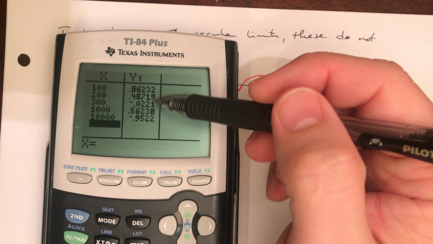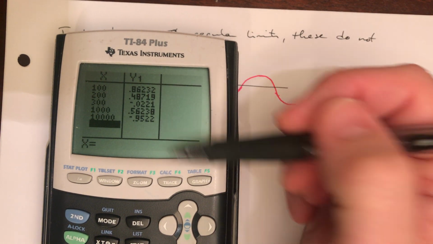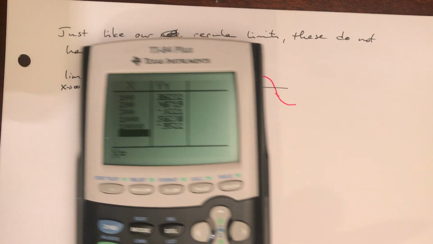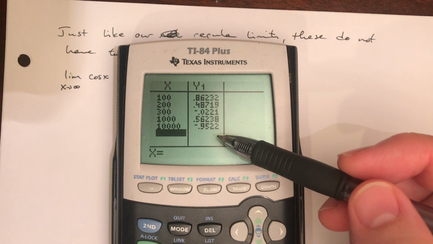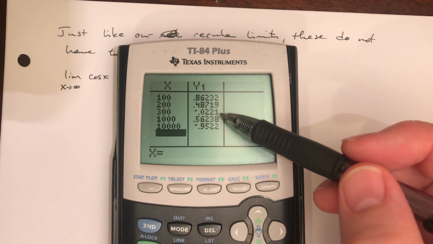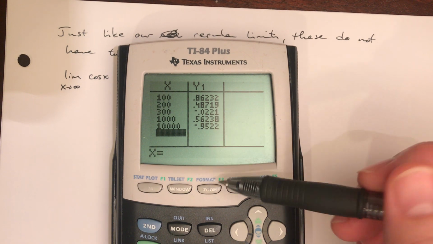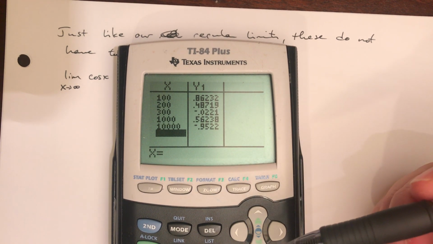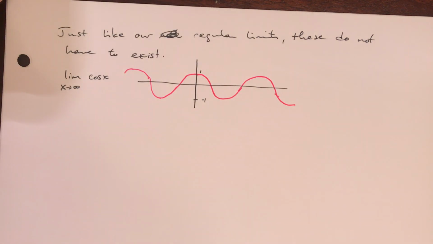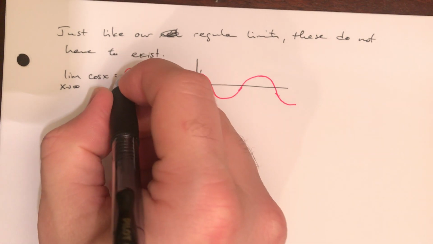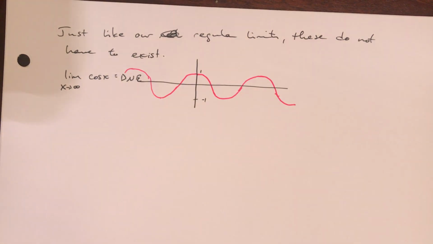And we notice that none of these are particularly close to any specific value. Now they are all between -1 and 1, but none of them are getting close to a single value, the way that we saw in the table with our previous functions, our previous examples. And so here we'll say that this limit does not exist.